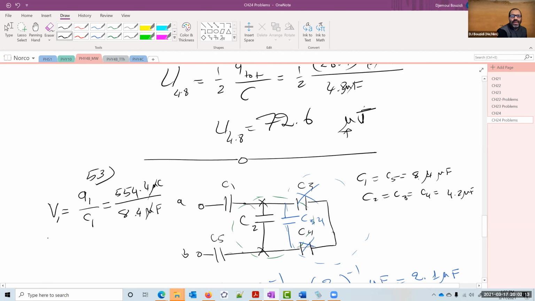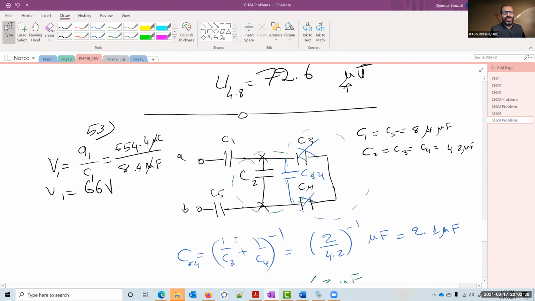The micro and the micro cancel, and V1 has to be less than 220 volts no matter what. It cannot be more than that because the overall voltage is 220 volts. So this one is divided by 8.4, and sure enough, it's 66 volts. This is the same voltage actually on C5, because both of them have the same capacitance and the same charge. So this is actually V5 too.